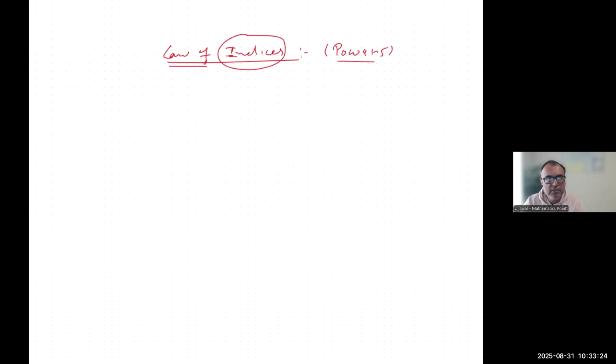Now, the law of powers is, if I have two algebraic terms getting multiplied with each other, their powers get added. X is nothing but x raised to the power of 1. So you can combine both of these terms into one term and you add the powers. 1 plus 1 makes it a 2, so x squared.